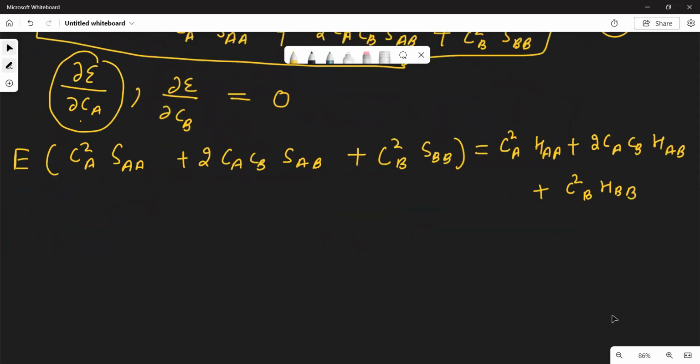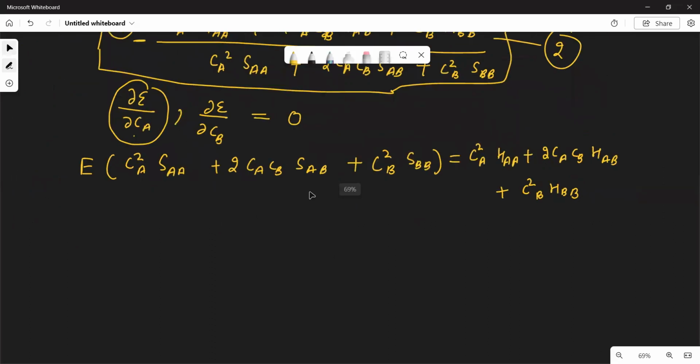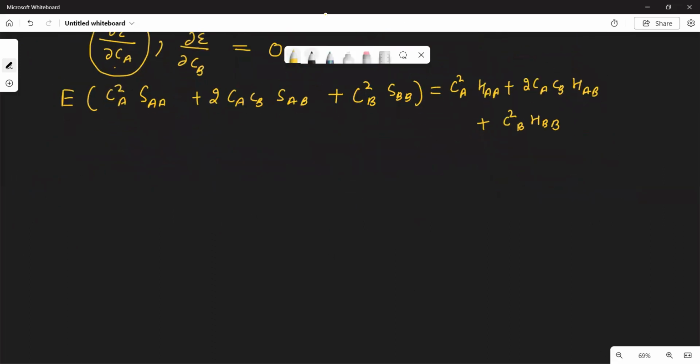So here you can see we have two functions, first function and second function. We find the differentiation of two different functions by the product rule, so here we will apply the product rule. First we keep the first function E as it is, and we differentiate the second term with respect to CA. So here you will get 2CA SAA plus 2CB SAB.